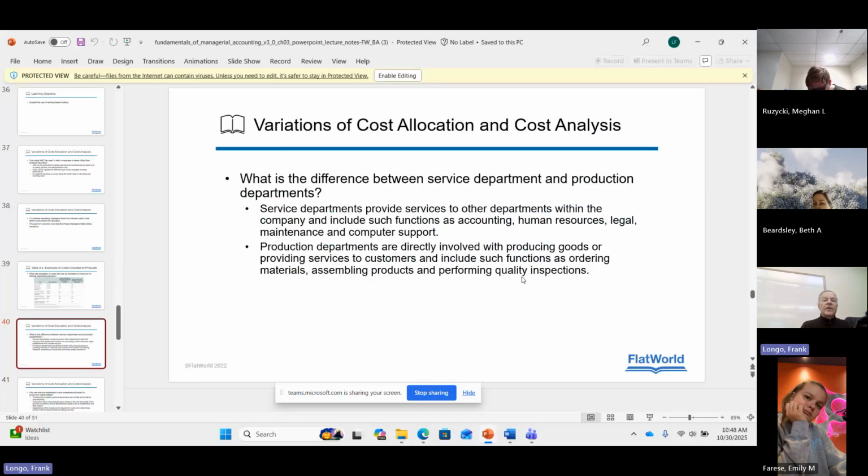Let's talk about the difference between a service department and a production department. The service department within a company provides services to other departments. So human resources takes care of benefits for employees.